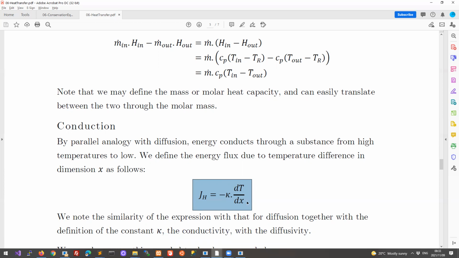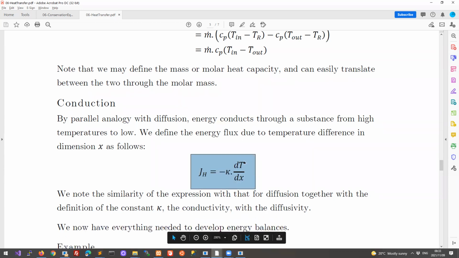If there's a high temperature and a low temperature, then the energy will tend to move away from the high temperature towards the low temperature. That means the low temperature region will rise in temperature and the high temperature region will drop in temperature until the two become equal. And then this becomes zero and there's no more flux. Right, so that's the observation for energy.